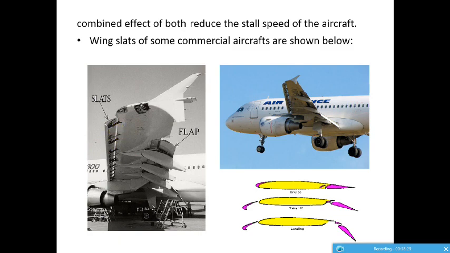And this is a flap. Here both flaps and slats are in the extended position, so you can see the increase in camber. This is the increase in camber, and this is another lift increasing component called a winglet. All this will be discussed just after 3 minutes.